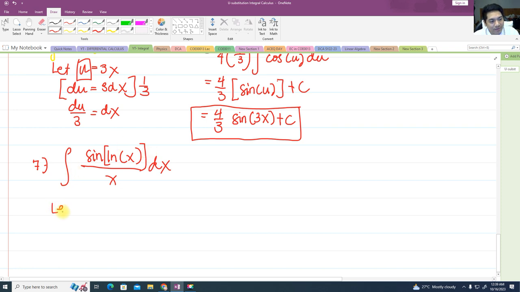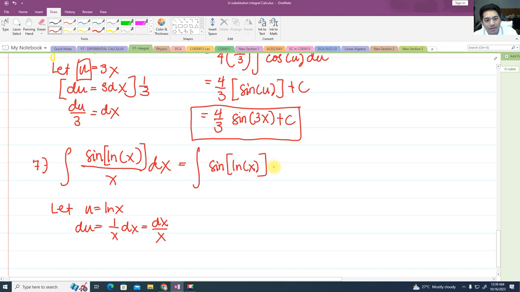So if we let u equal ln of x, then the derivative of ln of x is 1 over x dx, or dx all over x. If we rearrange the original given, it could look like this: sine of the ln of x multiplied by dx all over x.